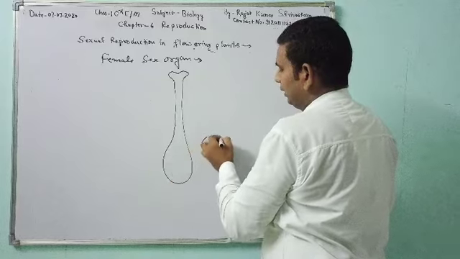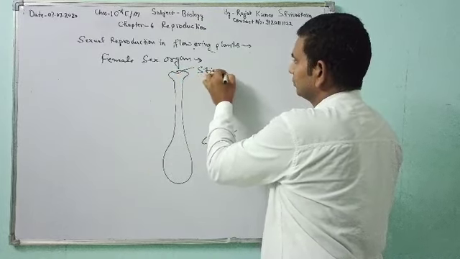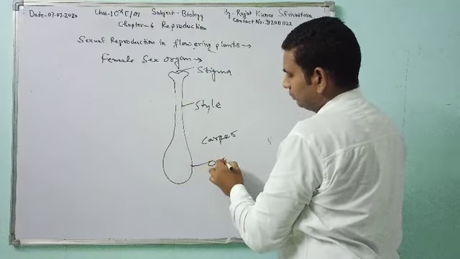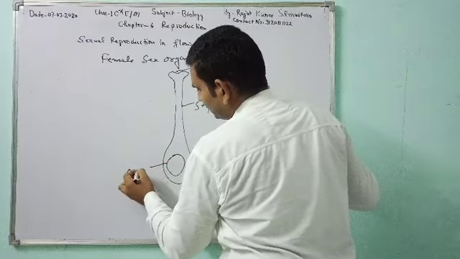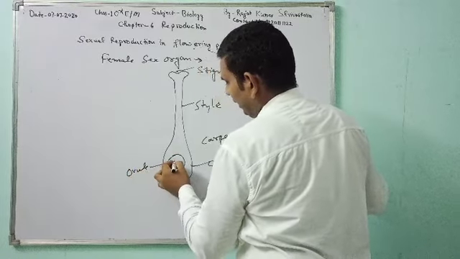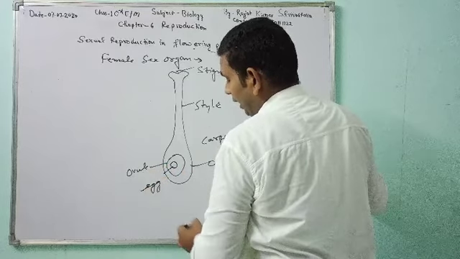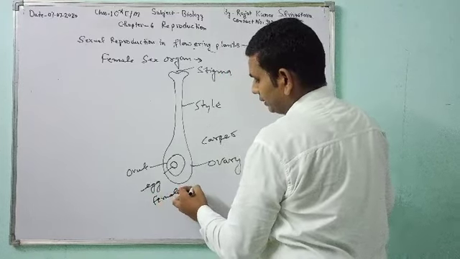This is the carpel. This is the stigma, style, and ovary. In the ovary, the ovule is present, and ovule has the egg or female gamete.